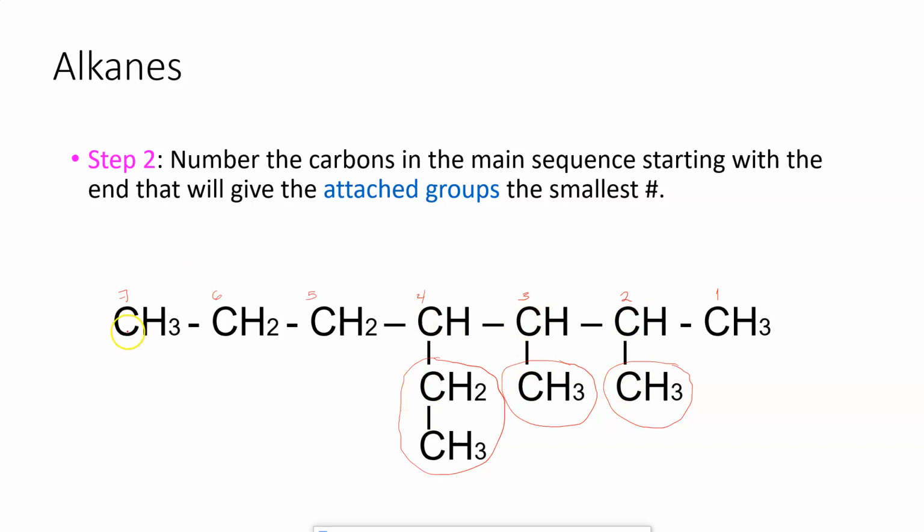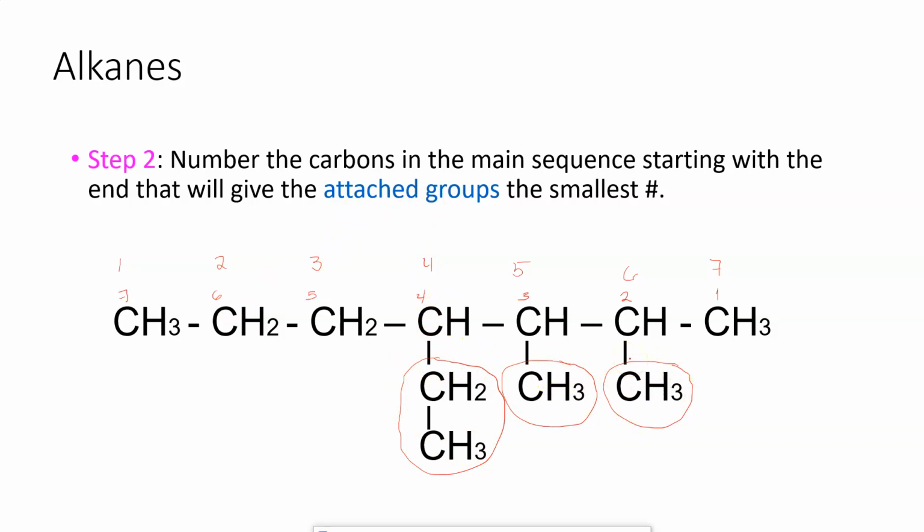But I can also start from this side where this carbon is 1, 2, 3, 4, 5, 6, 7. In that case, my attached groups are in position 4, 5, and 6.